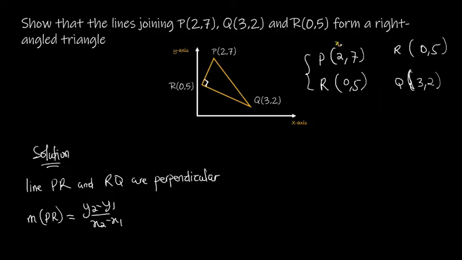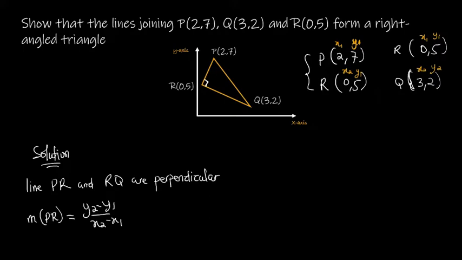So this is my x1, y1. This is my x2, y2. That means from P to Q, P is the first point, Q is the second point. So these are my coordinates. So from R to Q, R is my first point. So this is x1, y1. This is x2, y2.